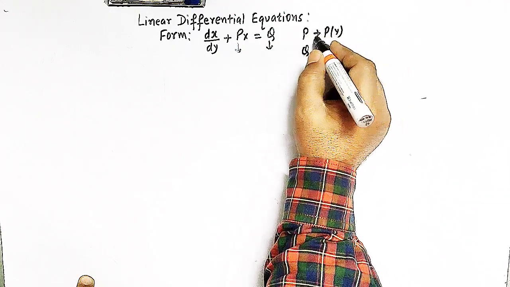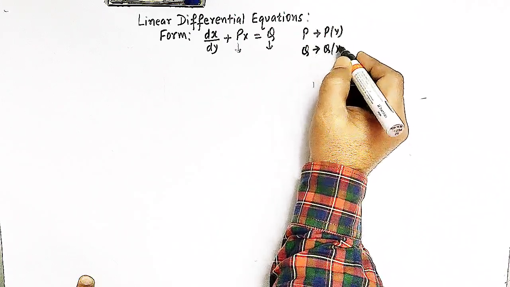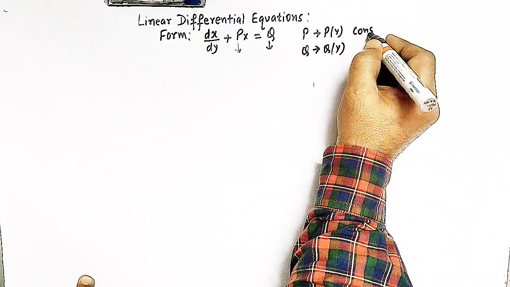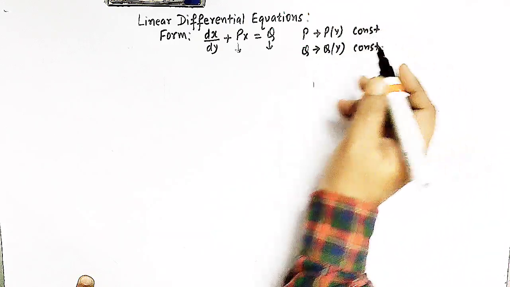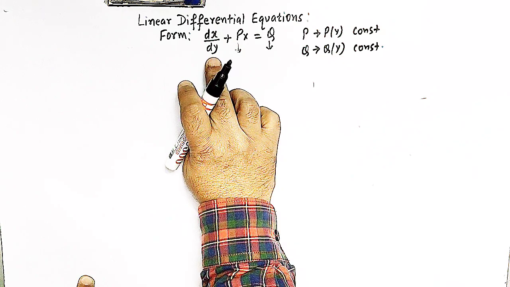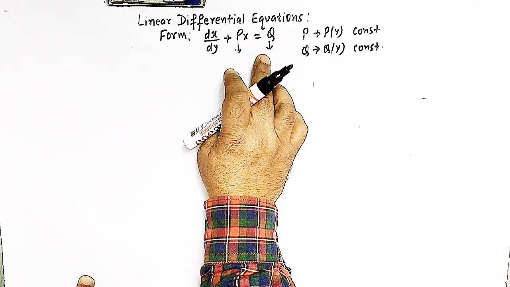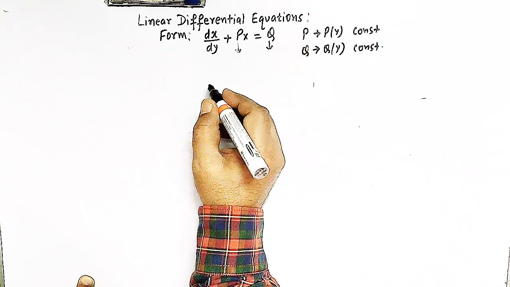Here p and q are some functions of y or constant. So p is a function of y and q is also a function of y, or p may be a constant, and similarly q may be a constant. Now in order to solve linear differential equations of this type, we need to find out the integrating factor, right?